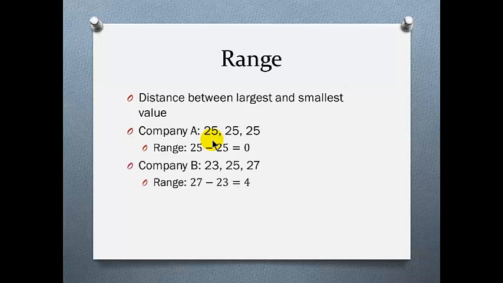Company B, the largest value was 27, the smallest value was 23, and so when we subtract, we get 4. So there's a slight range. Company C, though, when we take 45, the big value, and subtract 3, we get a range of 42, a much larger range for company C, implying that those are probably more spread out.